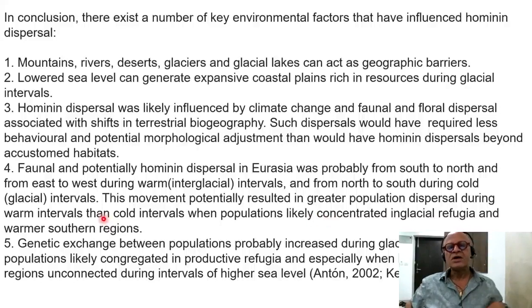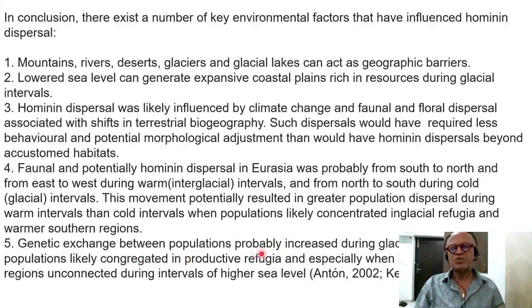So when glacials or cold stadials come, the places where they can live get squeezed in, so then people get concentrated, whereas when it's warm and more areas open up, there is more dispersal of hominins.